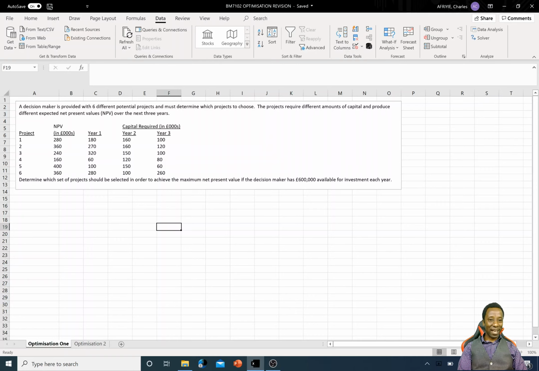If we add them together, it comes to 1.2 million and 10, so 1,210. So we can see that exceeds the 600K. We need twice the amount of money available if we want to undertake all these projects.